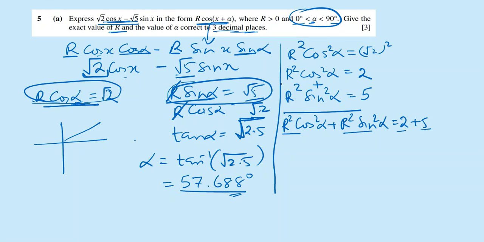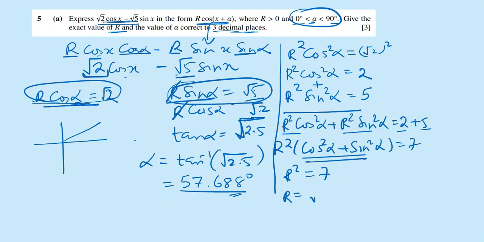So let's take r square common here. So cos square alpha plus sine square alpha equal to 7. We know this is 1. So r square equal to 7 and r will be square root 7. We will not write minus because they have clearly said r is greater than 0. So we got r and alpha both.